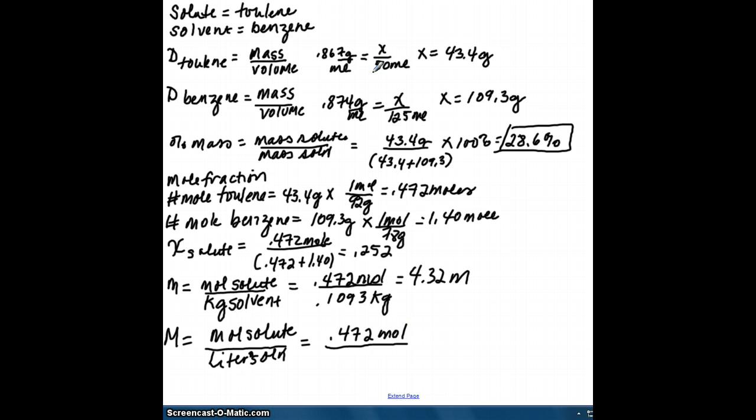The volume of the solution would be the volume of the toluene, the solute, plus the volume of the benzene, 125. That would be 175 milliliters, or 0.175 liters. The molarity is 2.70 molar.